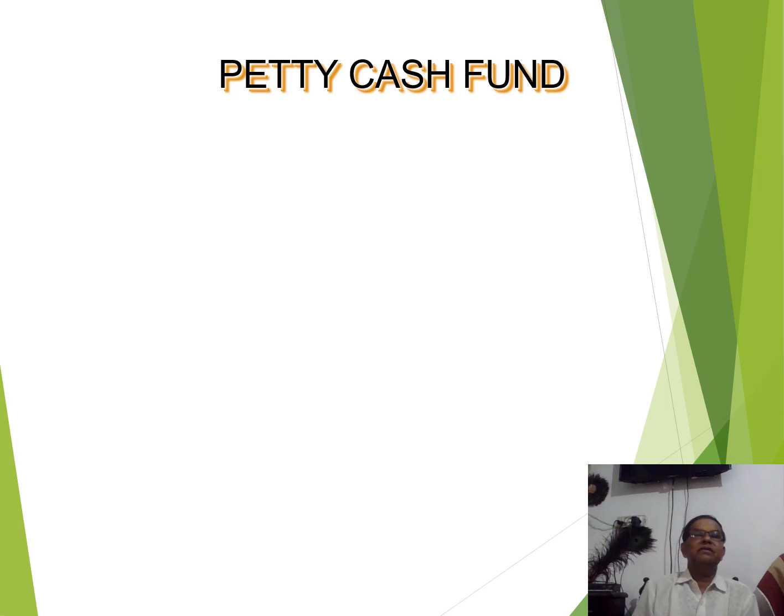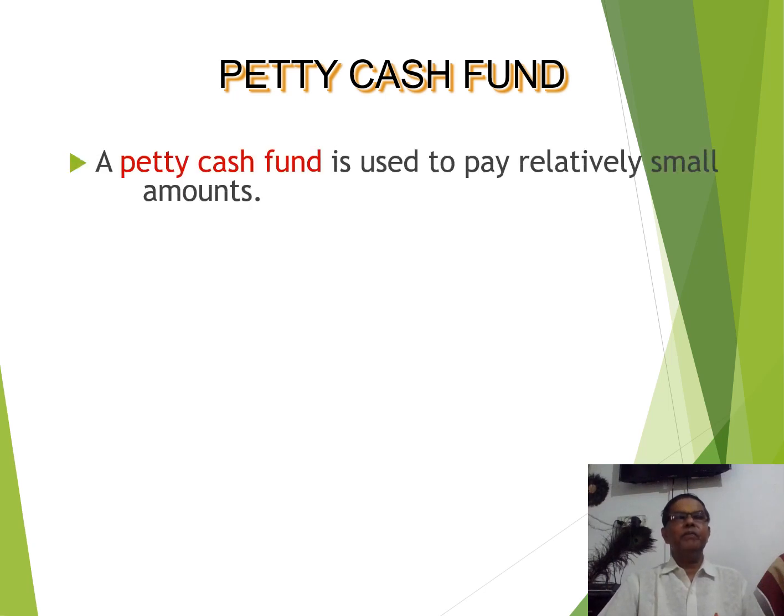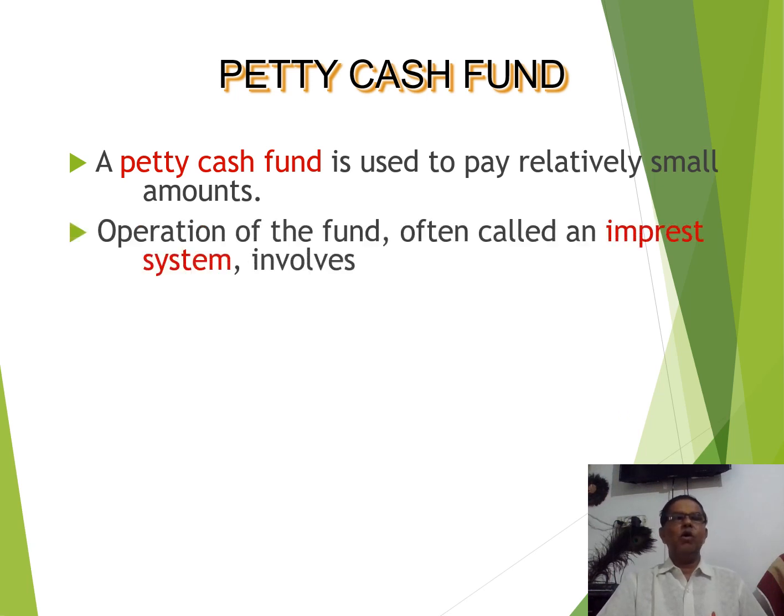So here another part is very important: petty cash or the petty cash fund. Petty cash is used to pay relatively small amounts, meant for meeting the day-to-day expenditure. Operation of the fund, often called an imprest system, means advance payment.